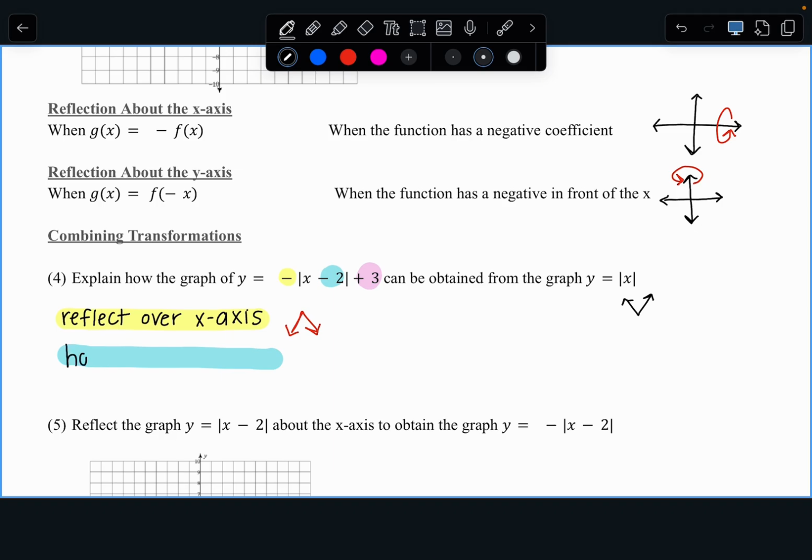This is a horizontal shift right 2. And this +3, any idea what that is? Yep, vertical shift up 3.